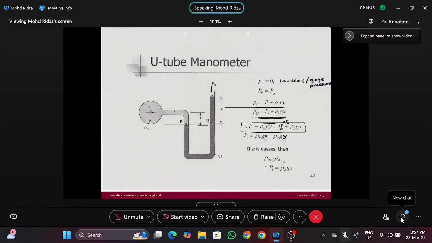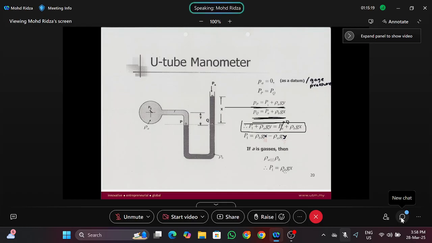Compared to 1000, the density of A is very small, so rho air is not significant and you can just ignore this term. So P1 is rho B G X. The pressure of the fluid in the pipe is equal to rho of B times G times X. X is where? Here.